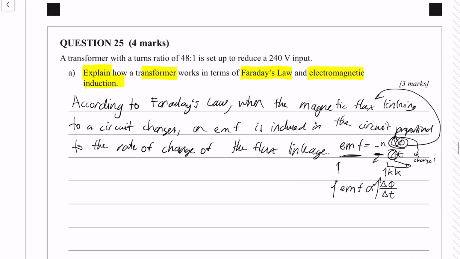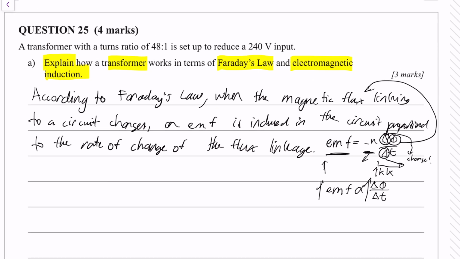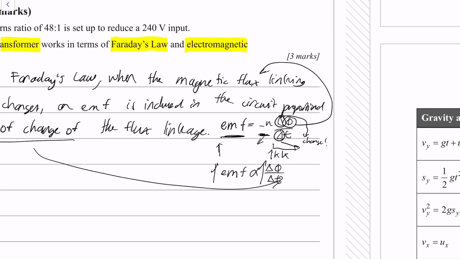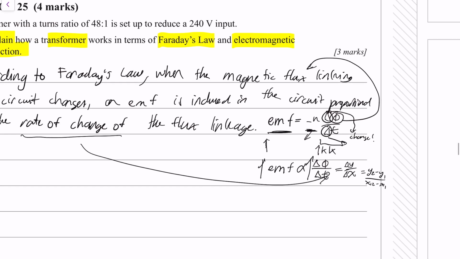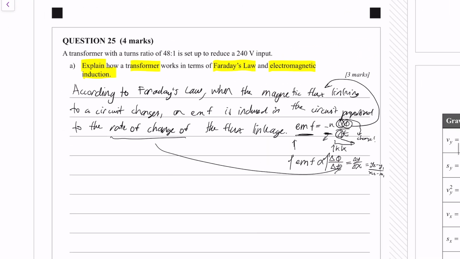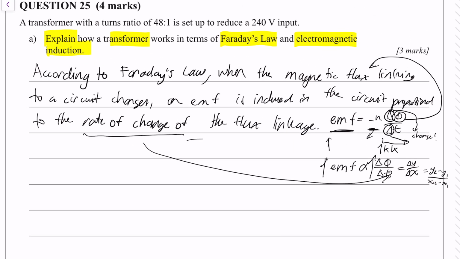Okay, so that's why it's proportional to the rate of change, because the rate of change is a fraction. That's what this is right here. Okay, the delta magnetic flux over delta time. That's essentially like a gradient, like a y over x, change in y, change in x, for example. Okay, so that's involving a rate of change of the flux linkage.